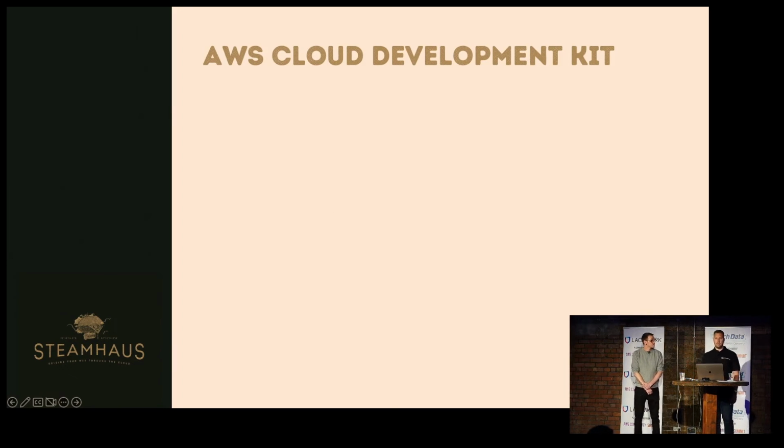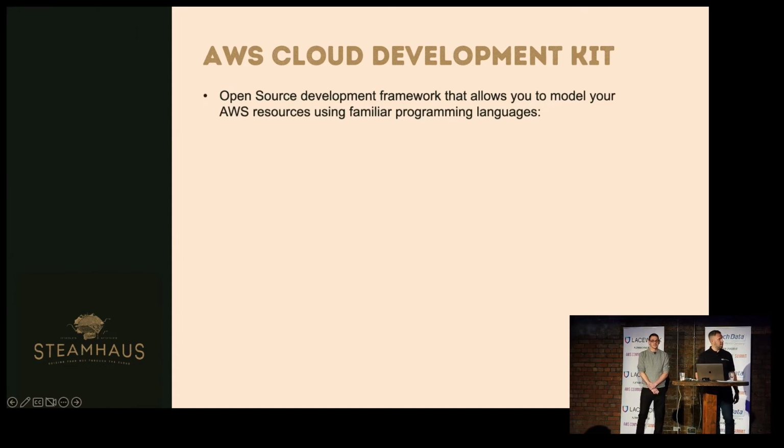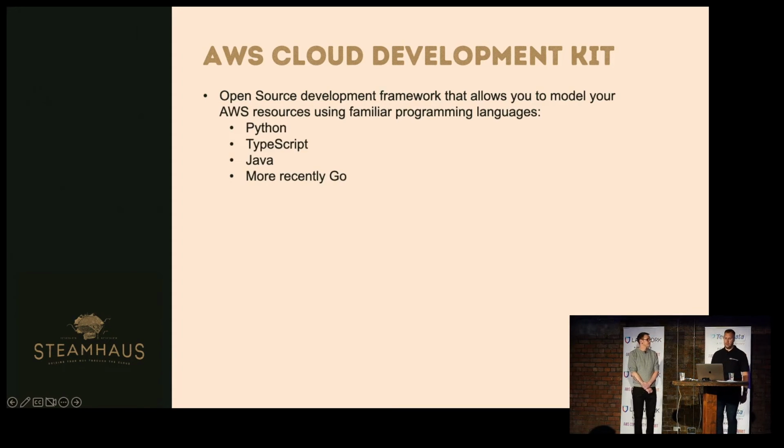Okay, so the next tool I want to discuss is the AWS Cloud Development Kit, or what's more commonly known as the CDK. The CDK is an open source development framework that allows you to model your AWS resources using familiar programming languages such as Python, TypeScript, Java, and more recently Golang. The interesting thing about the CDK is it's essentially a wrapper for CloudFormation.